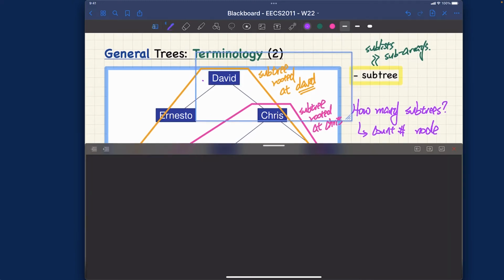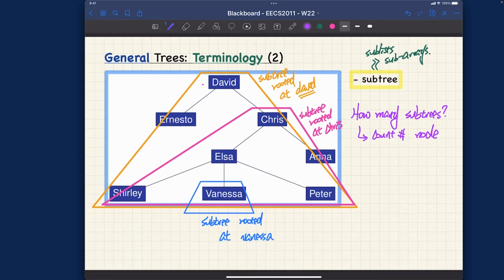In this particular case, it's going to be 8. The number of nodes in the tree corresponds to the number of subtrees in that particular tree.